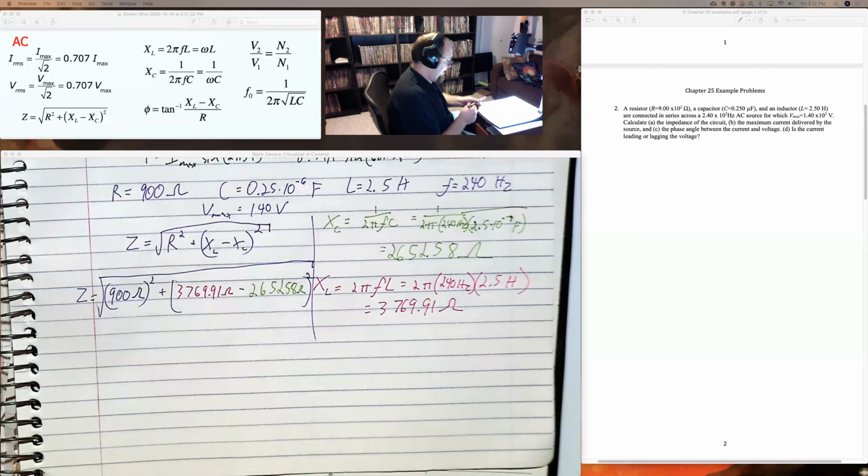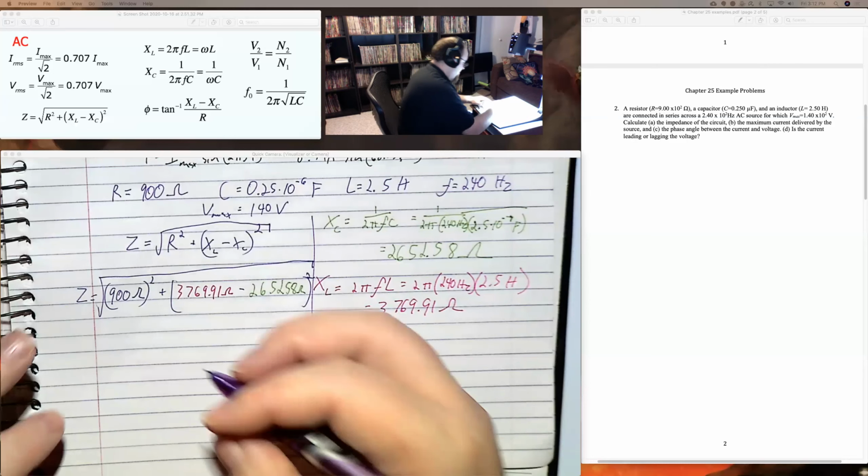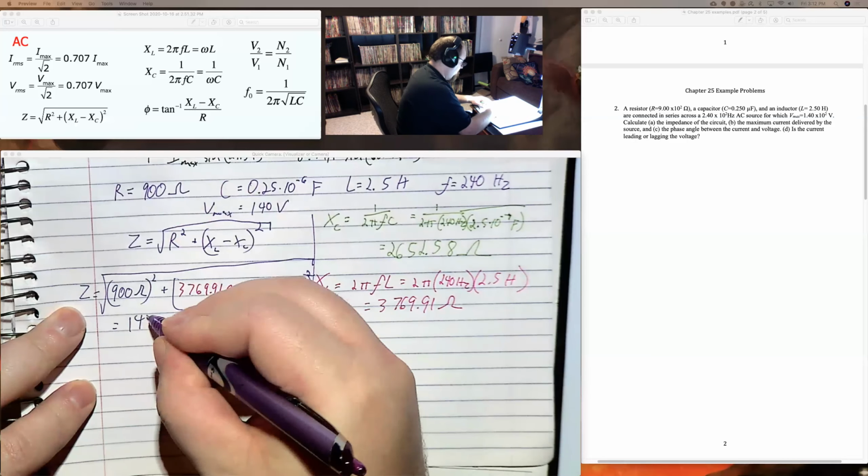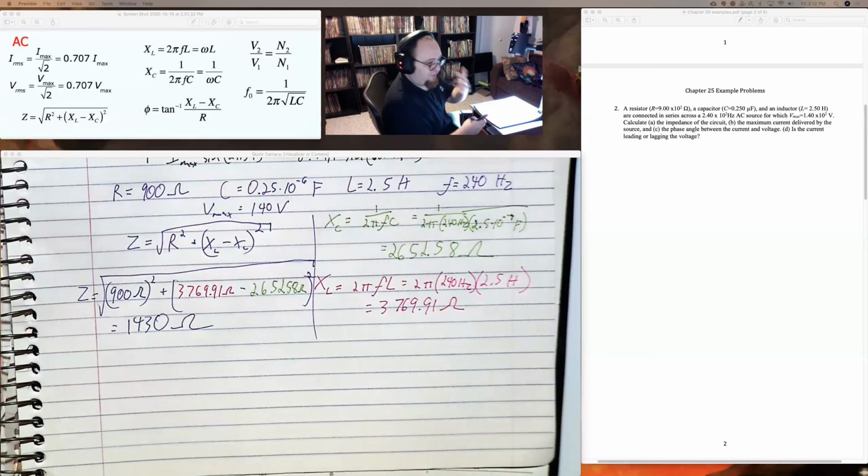In the solutions, I do every single algebra step of doing that, but it's just calculator. You can get a value.